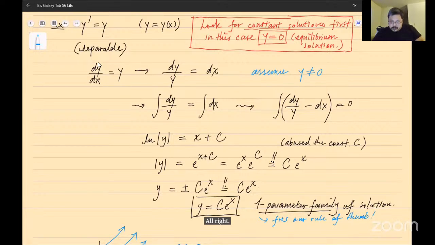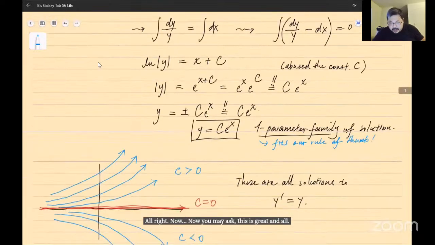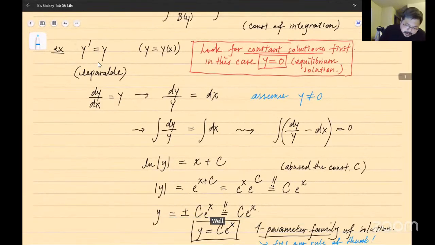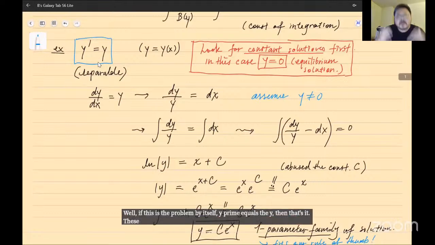Now you may ask, this is great and all, but how do we know which solution is the one that we're looking for? Well, if this is the problem by itself, y prime equals y, then that's it. These are all the solutions. We don't know which one.